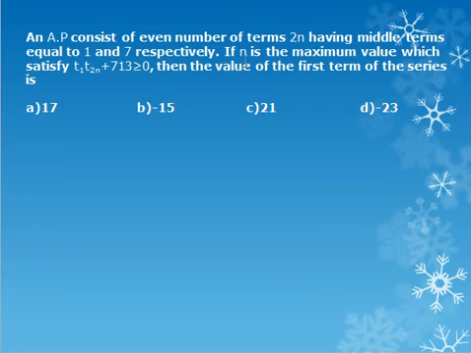You can go back to check it out. If n is the maximum value which satisfies this equation, t1 into t2n plus 713 should be greater than or equal to 0, then the value of the first term of the series is... Now remember that 2n is the last term. Don't think the last term is always tn. It could be t2n.